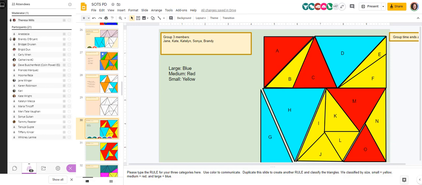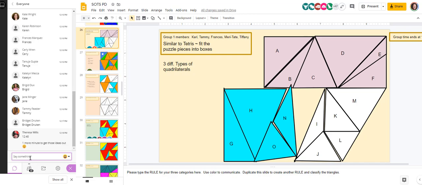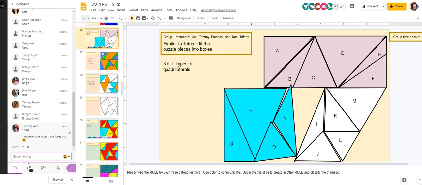Excellent. So we've got some of these very early geometric sense making here. And I have a feeling that group 1 used a little bit of this in creating their Tetris pieces. So move between slides 26 and 30 and see how you might have used size when connecting them like Tetris pieces.